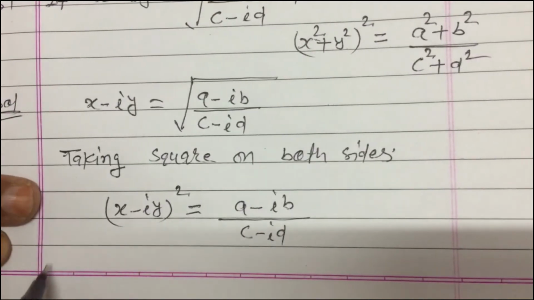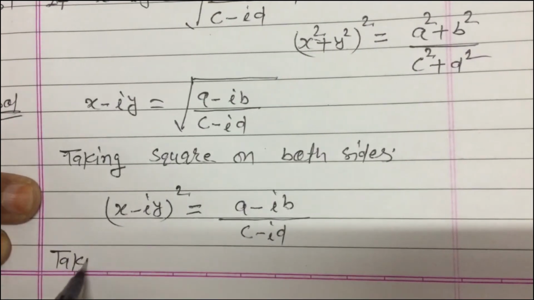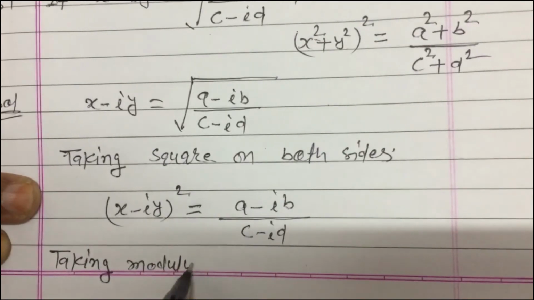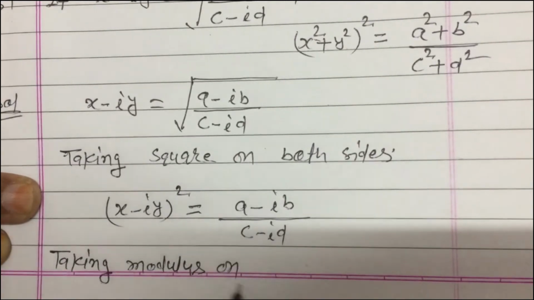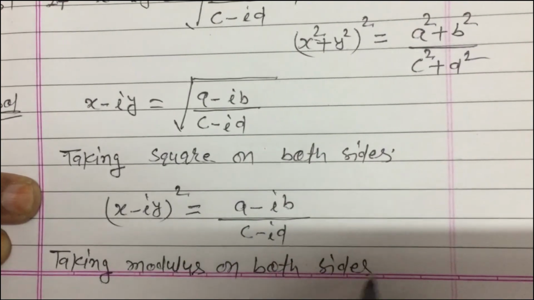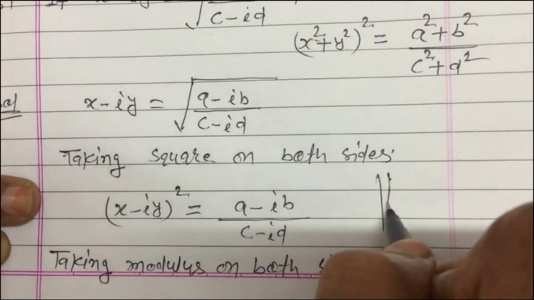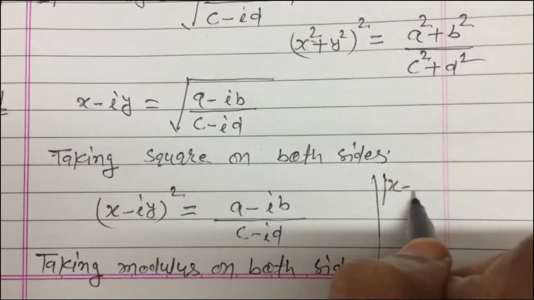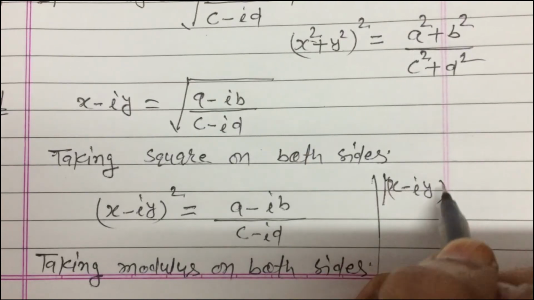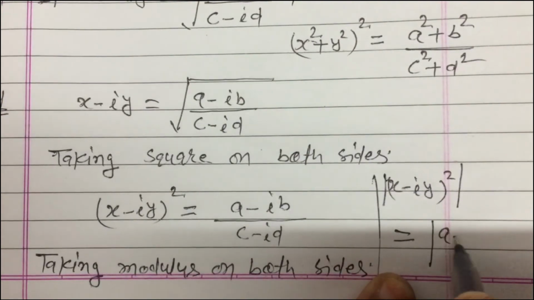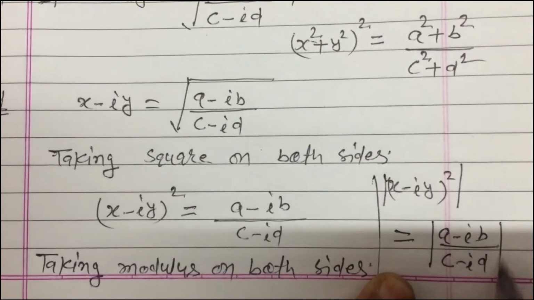Next, taking modulus on both sides, we will get mod of x minus iy whole square, and here mod of a minus ib by c minus id.